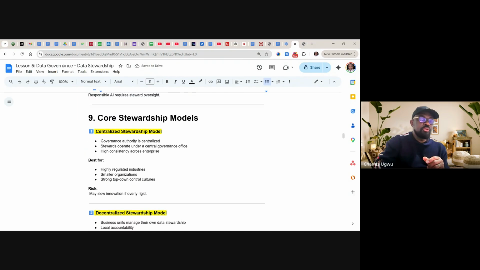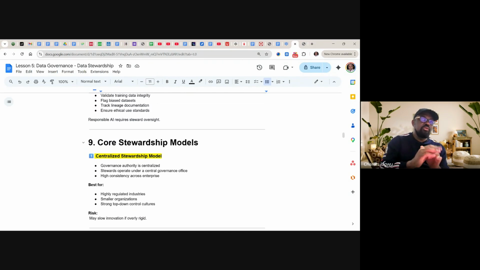Once we have a good data stewardship framework, the framework is a document, an authority that decides how the stewardship is going to be. Once we have it, it should give us a clue on how we are going to build our model. A model is like a tool through which we manage data as a steward.